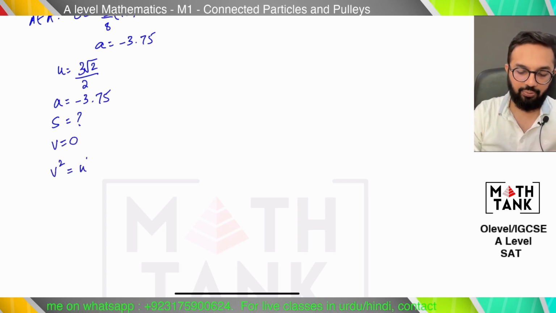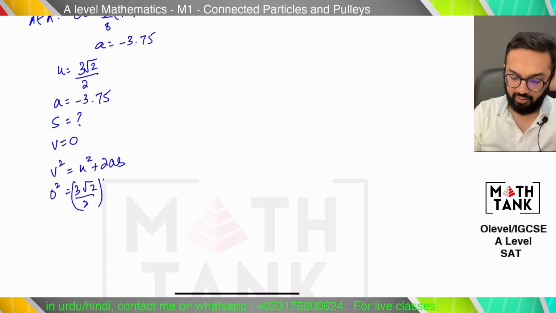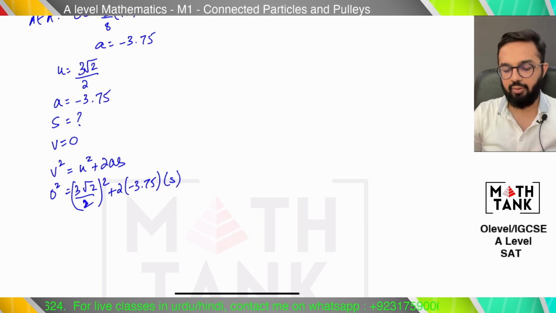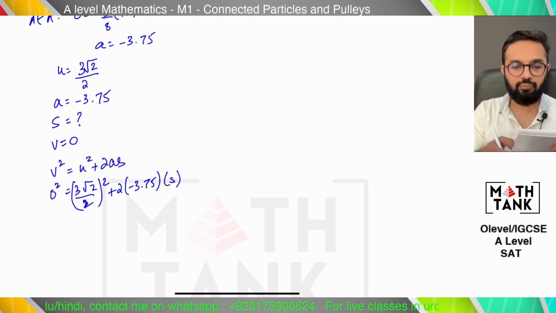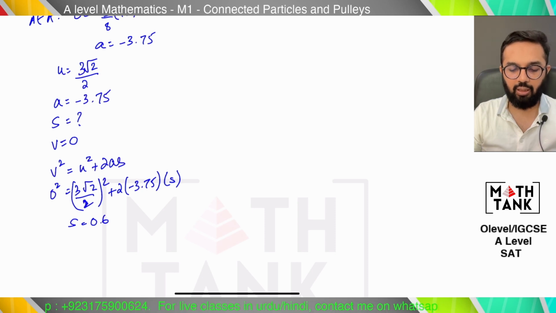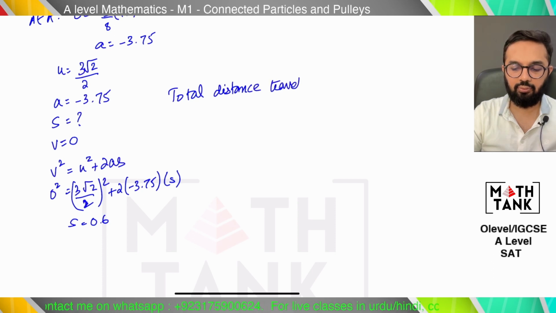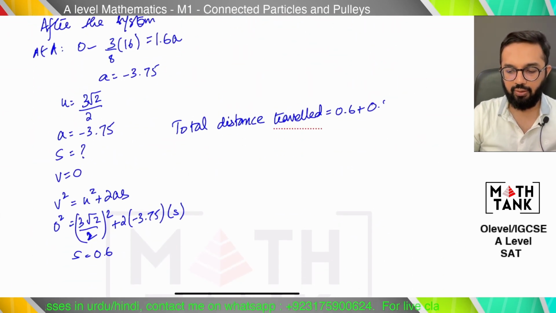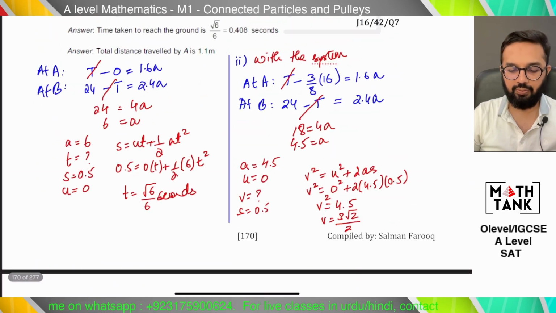So v squared equals u squared plus 2as: 0 equals 3 root 2 over 2 squared plus 2 times minus 3.75 times S. S equals 0.6. So the total distance traveled is 0.6 plus 0.5, which is 1.1 meters.